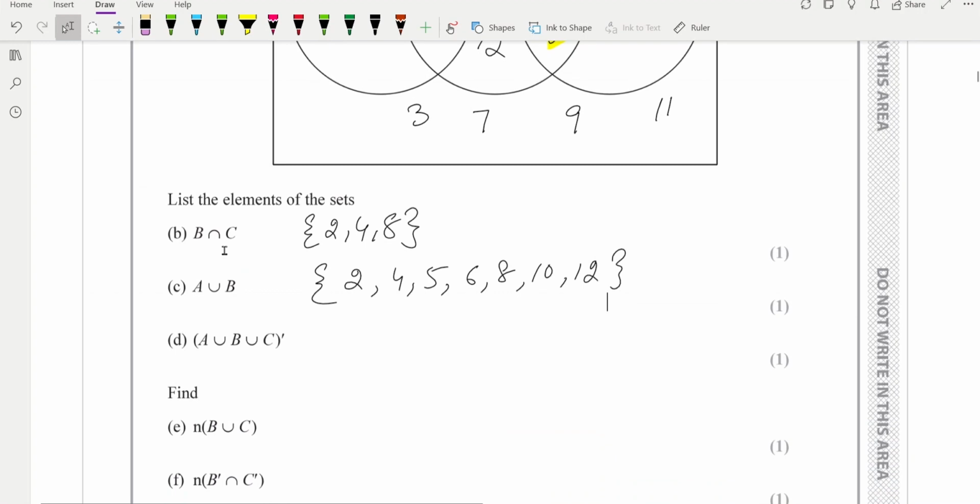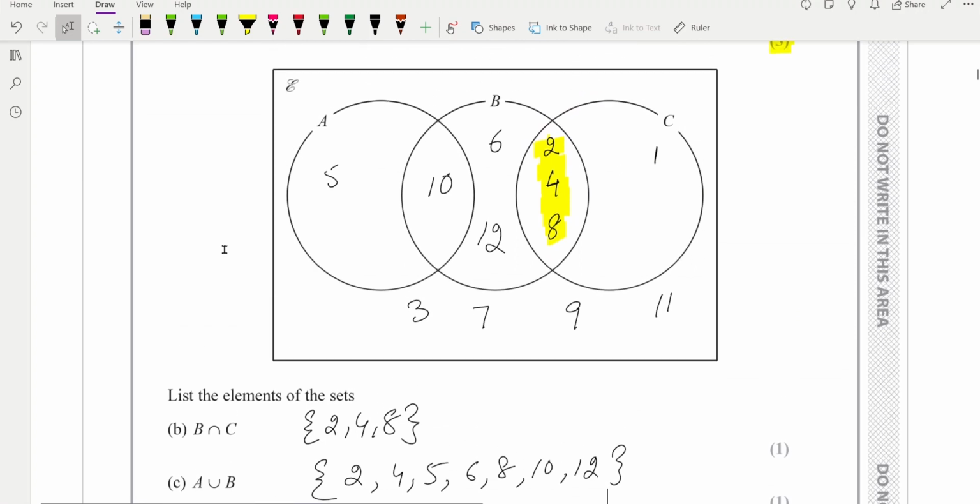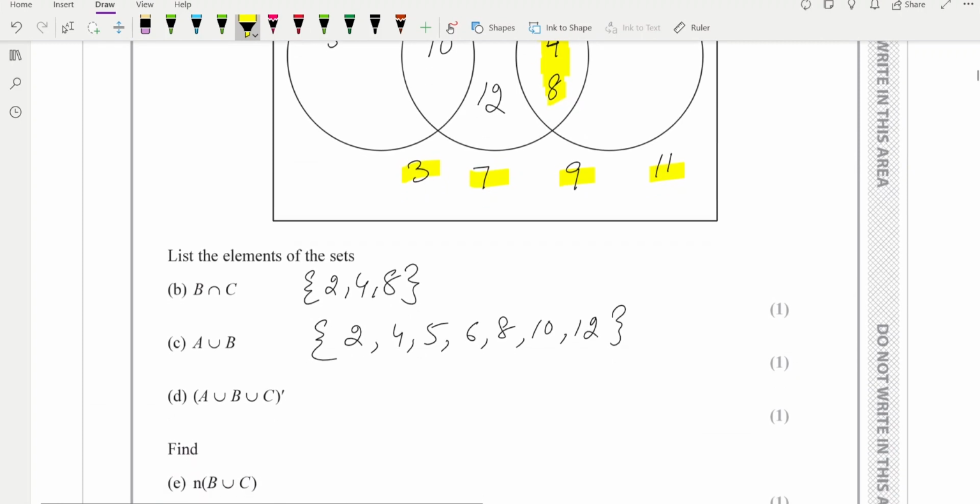Then the complement of A union B union C. That is whatever is not included in A, B, C, so outside, which will be 3, 7, 9, and 11. So our answer for this part will be 3, 7, 9, and 11.